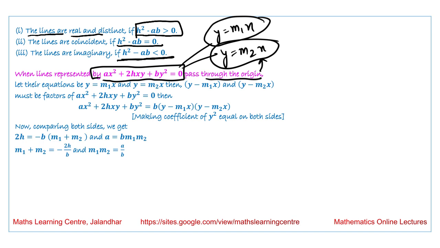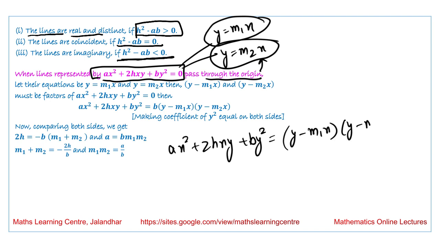Then ax square plus 2hxy plus by square should be equal to b into (y minus m1x) into (y minus m2x). If we open these terms and compare the coefficients, we obtain that 2h is equal to minus b into (m1 plus m2) and a is equal to b into m1 into m2.